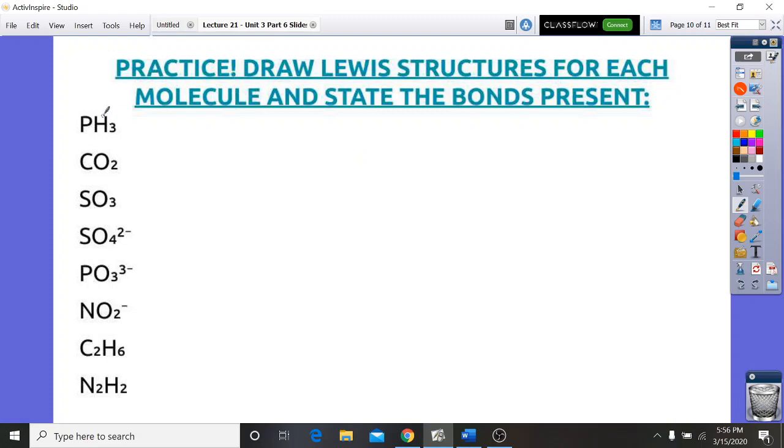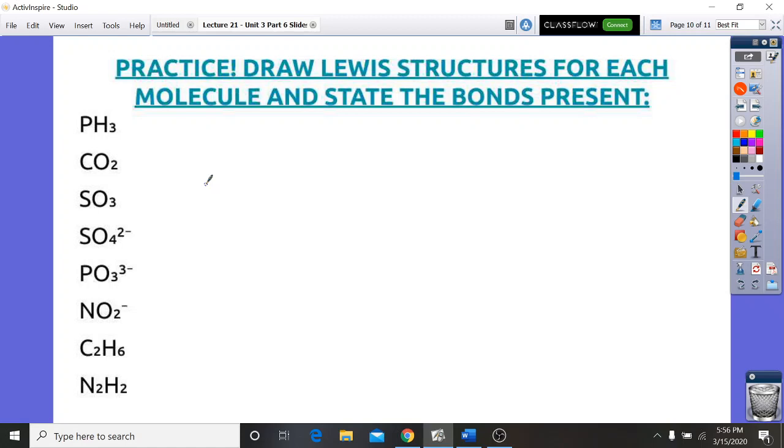Now this here is your practice. You're going to find this on Google Classroom. The Google Classroom assignment is going to have these exact molecules, and you're going to be drawing them and stating the bonds that are present. You're going to then upload a picture of your assignment to Google Classroom.